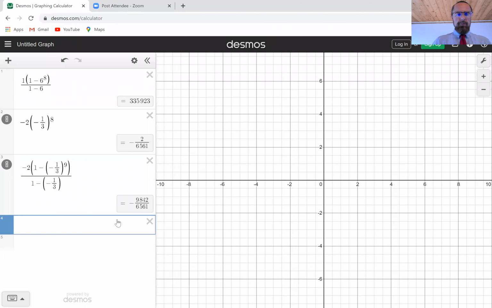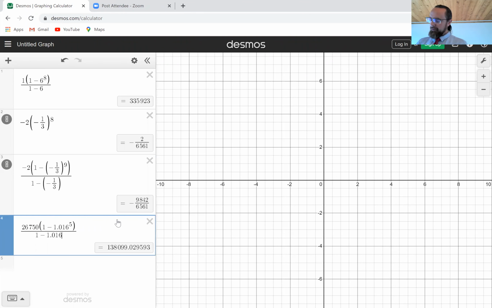And really similarly to the way we input these others, I'll start with a fraction. The first term in the series is that initial salary, 1 minus 1.016 to the power of 5, all over 1 minus 1.016.